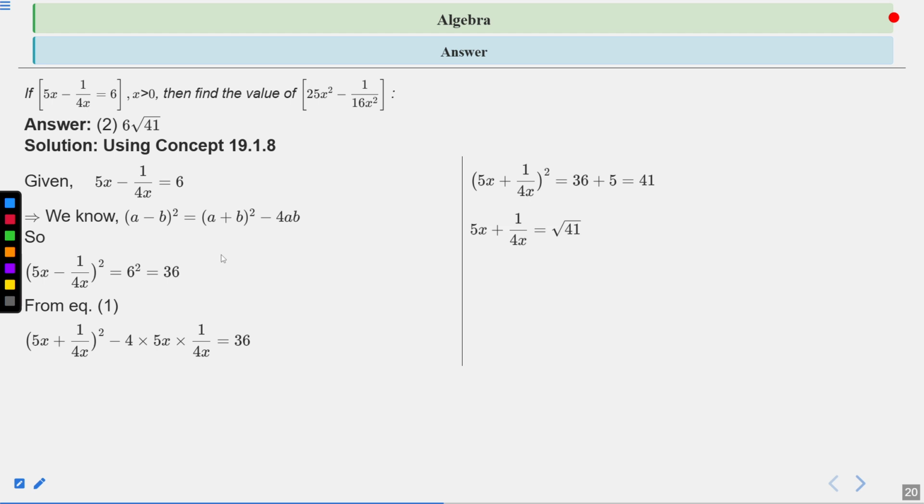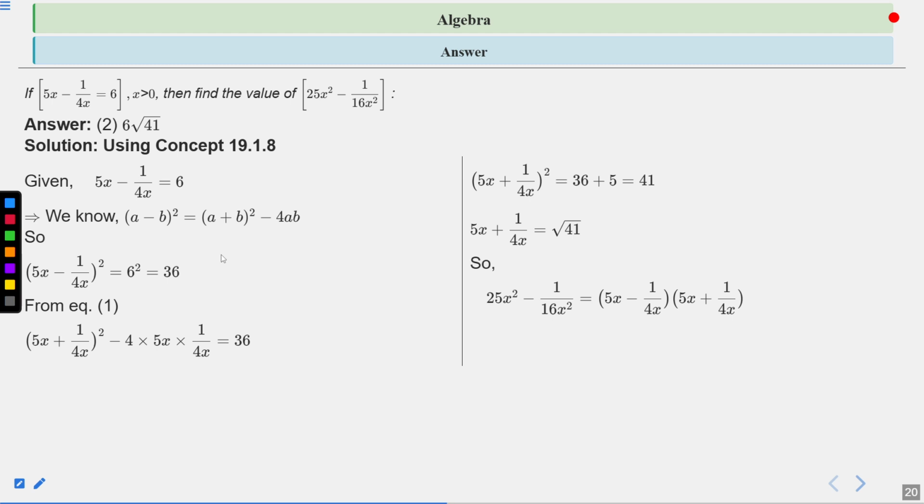Now we need to calculate 5x plus 1 upon 4x. It will become under root 41. So what does 25x square minus 1 upon 16x square become? We can write it in the form of 5x minus 1 upon 4x into 5x plus 1 upon 4x, that is a plus b, a minus b, because the expression is a square minus b square.